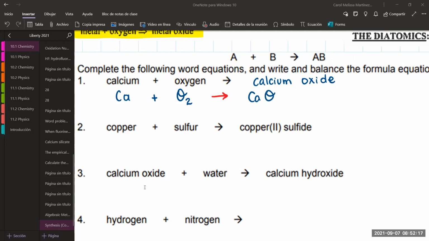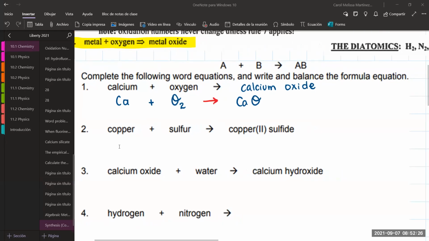And then the final part says balance the formula equation, so we need to balance it. Remember that you have to list. I can do it mentally by just putting 2 and 2, but you, my friends, you are my students. You cannot leave me an answer like that.